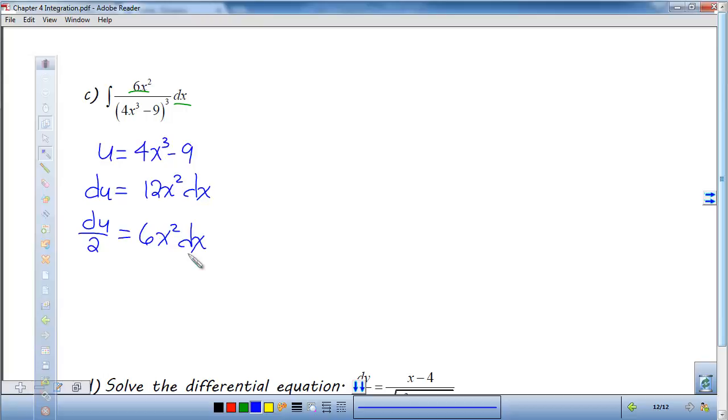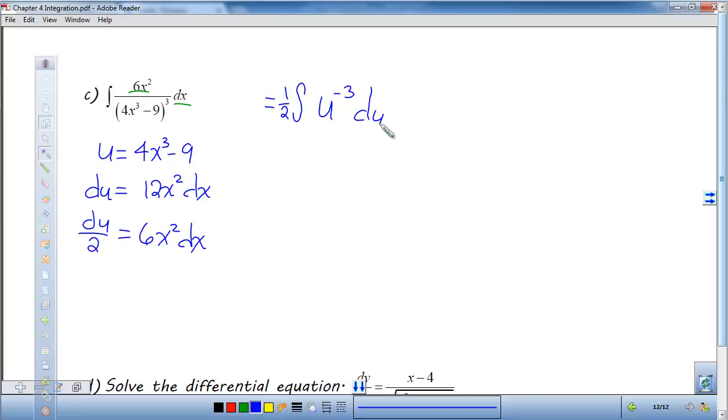And so we get that this is equal to the integral of, since this is in my denominator, I can bring it to the numerator and make my exponent negative. So we get u to the negative 3. That's our bottom part. And for 6x squared dx, we're going to have du over 2, or 1/2 du. And so I put that 1/2 on the outside, and we've got du there on the inside.